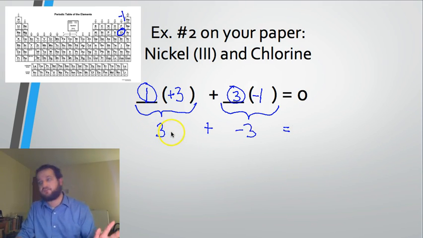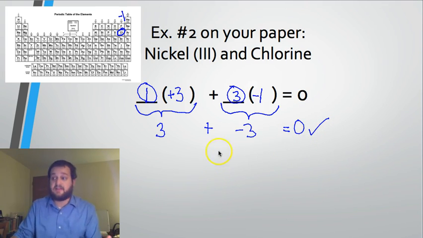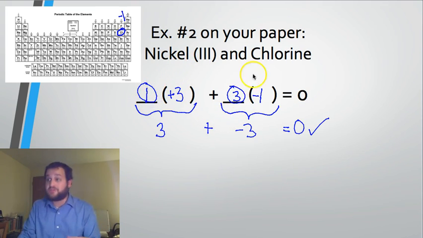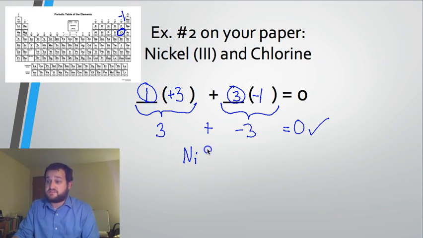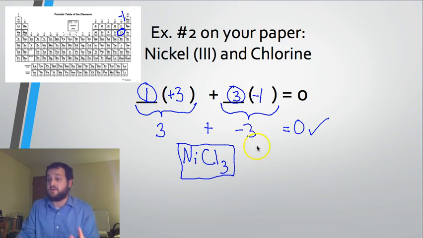And indeed, 3 plus negative 3 gives me 0. That checks out. I end up with 0 net charge if I have 1 nickel atom and 3 chlorine atoms. So I would write this out as Ni, and I only need one of those, Cl3. That's my written form of nickel(III) and chlorine.